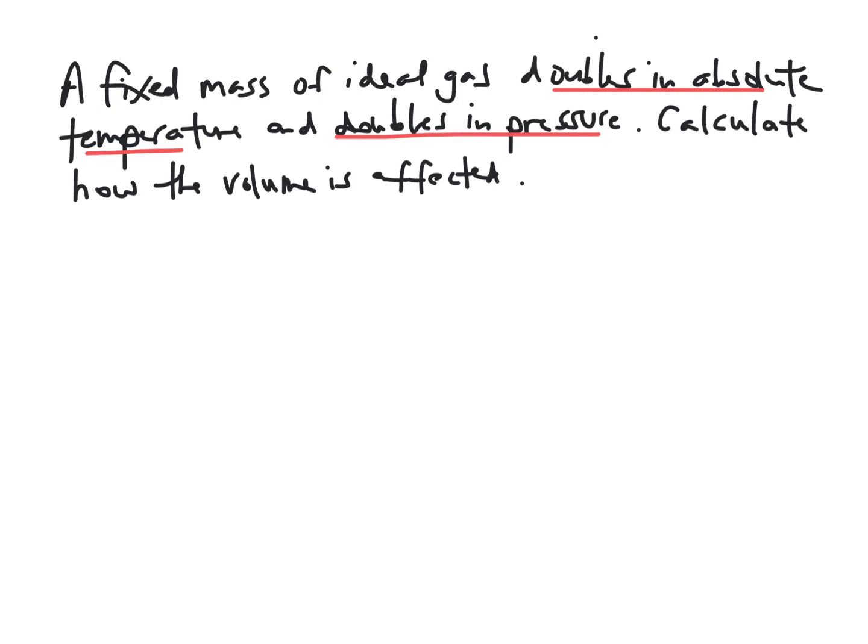All right, so we are trying to calculate volume here. We're going to have to play with the ideal gas equation and isolate volume. So let's write out the ideal gas equation, PV equals nRT. Now we have a situation where there's a fixed mass, which basically means there's also a fixed number of moles.